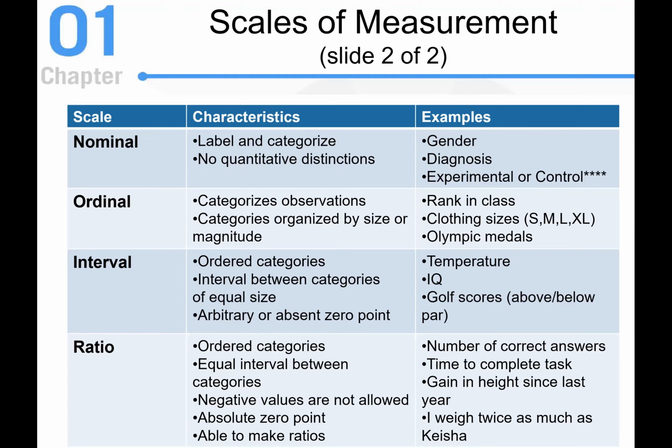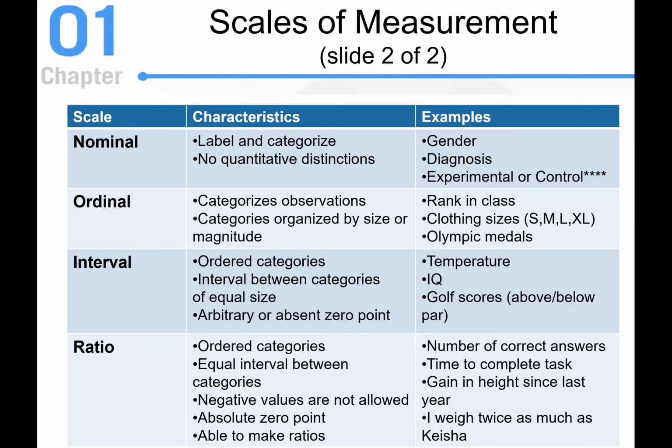It's also called an absolute 0 point. So when you have a 0 as a score on that particular measurement, you have an absence of the thing that's being measured. You no longer have it. It's not there anymore. And in a ratio scale, you're able to make what are called ratios. All right.